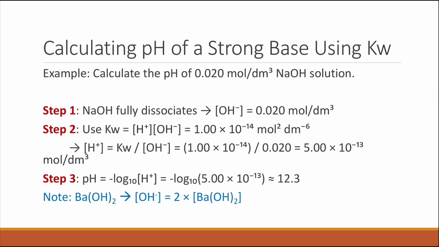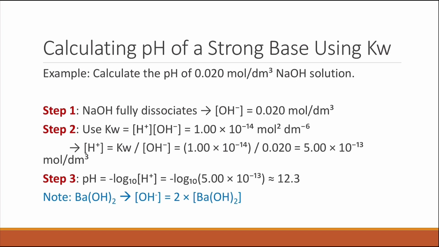We can calculate the pH of a strong base using the ionic product of water, because a strong base like sodium hydroxide will dissociate completely in water to give you the metal cation and the hydroxide ion.